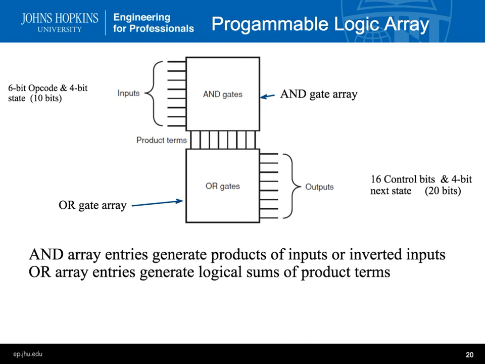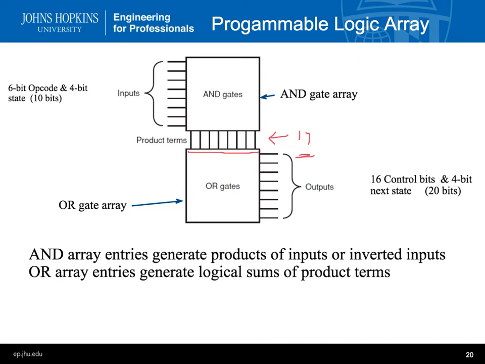So here's our 10-bit input. And like we said, there's 17 possible sets of products. So there's 17 combinations of inputs that we care about. And these are our outputs. Each control signal and the 4-bit next state is a line here.